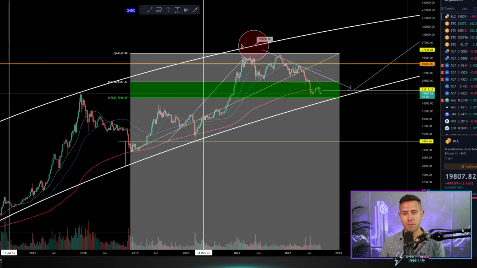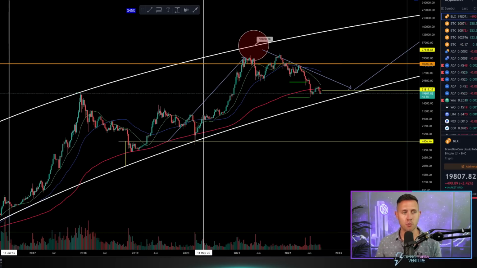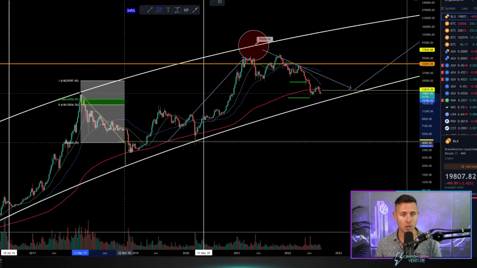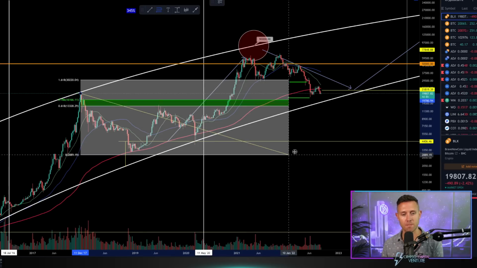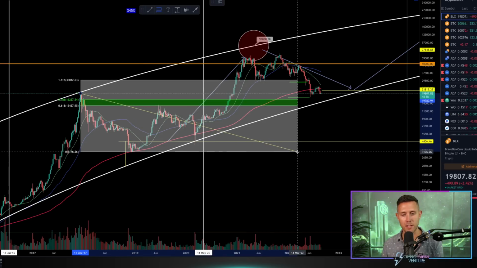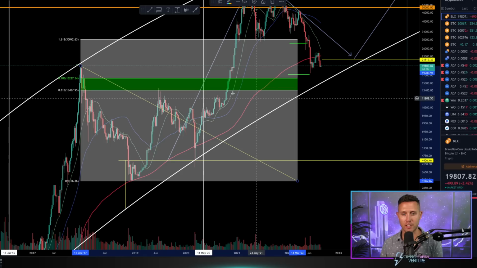I'm going to get rid of this Fibonacci, and we're going to look at this from both angles. This was the bull market doors Fibonacci. So this was a swing high from a swing low, so bull market high to bear market low. And you can see this Fibonacci right here, green, a 786 and a 618. It's a green channel that you see there.